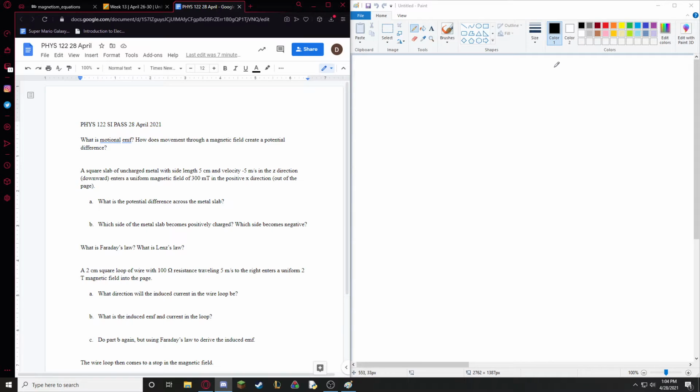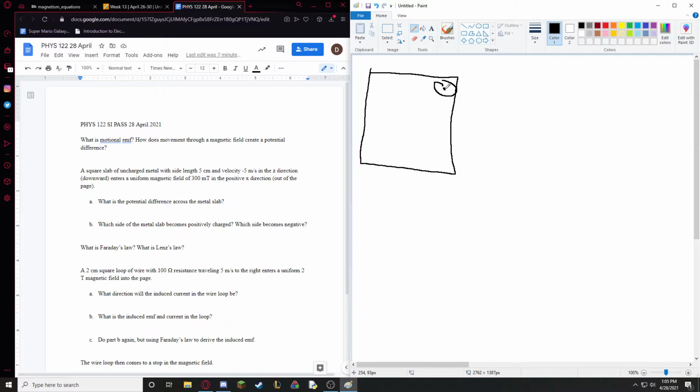But so essentially, to recap, we have our magnetic field, let's say it's coming out of the page. And if we have a wire that enters the magnetic field, with velocity to the right and magnetic field out of the page, what direction is the force on the positive charges in the wire going to be?